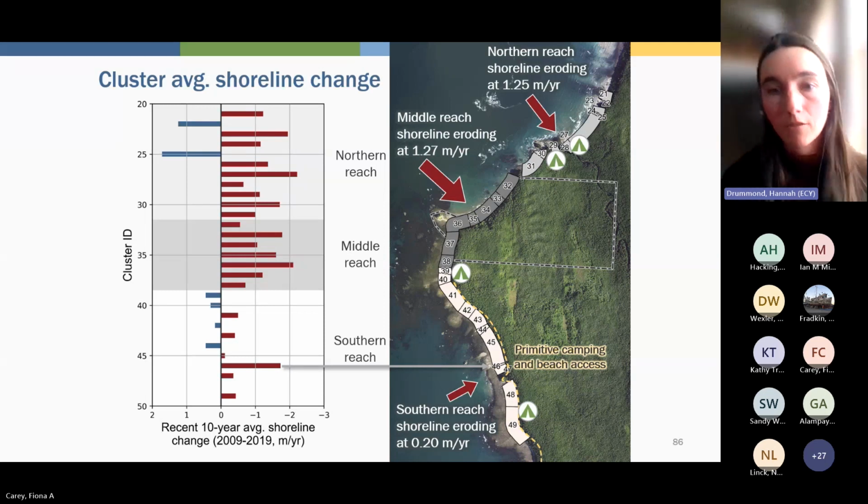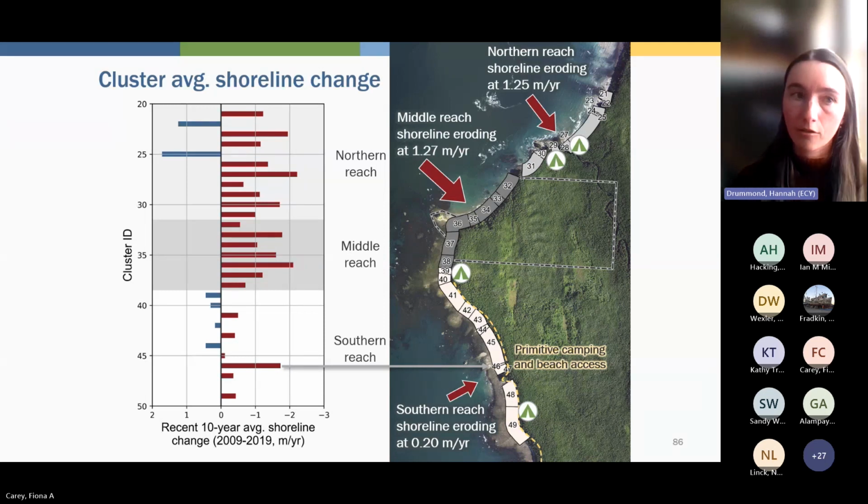Then in the Ozette Reservation, we saw the highest average erosion rate of 1.27 meters per year. And then south of the Ozette Reservation, we saw a relatively lower erosion rate, 0.2 meters per year, but still maybe something to watch for those camping areas and trails in the area.